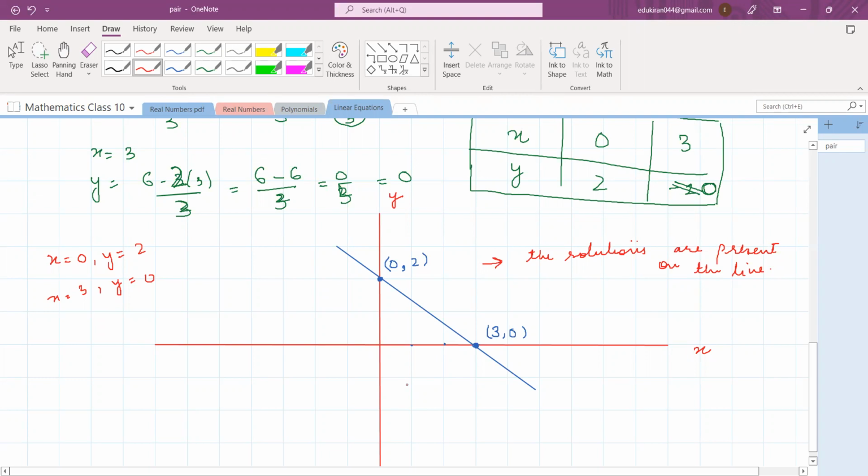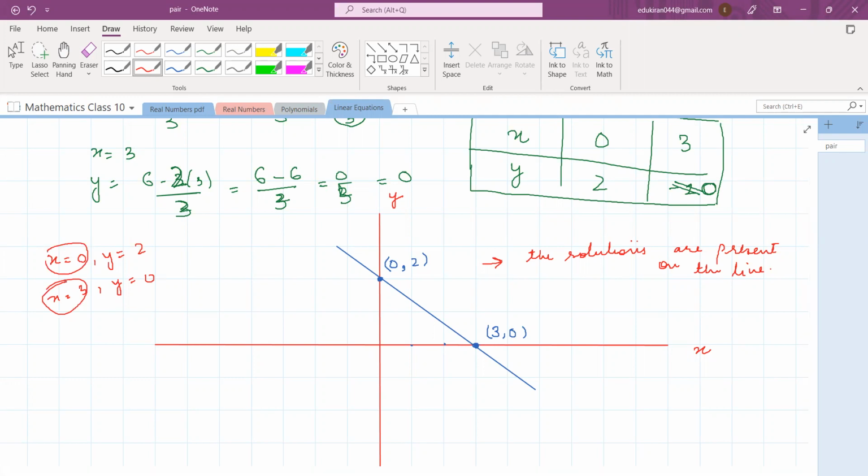Because if we take a value of x, then we will get a unique value for y. Exactly. So basically, yes, Sarah, algebraically also, I have taken only two values, x is 0, x is 3, but I can take infinite values of x. I can take decimal values also, but I'm taking very simple values because I'm trying to plot it. The fractions, the decimals are difficult to plot on a graph paper, so I'm not taking them, but they are possible solutions, isn't it?